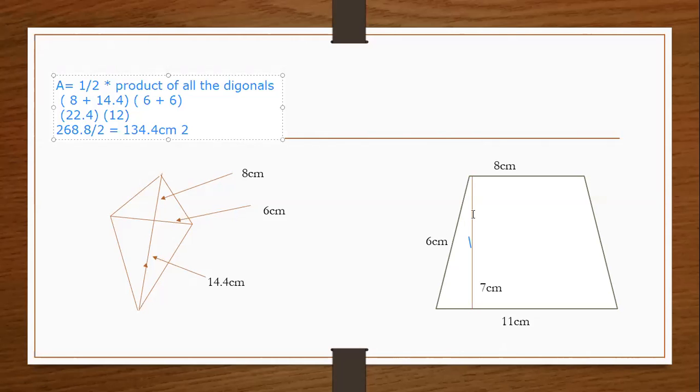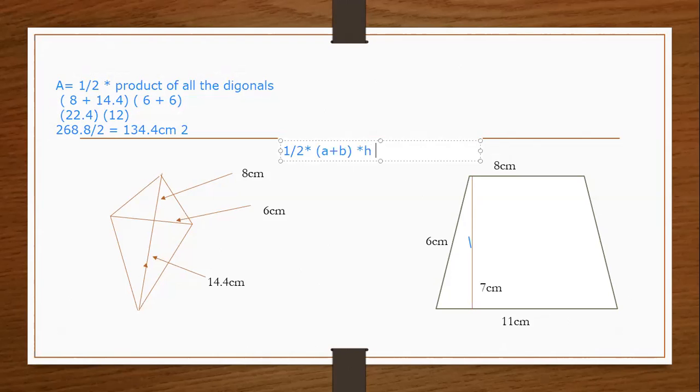Okay, so let's solve it. For the area, as you know already, it is half of A plus B times the height.